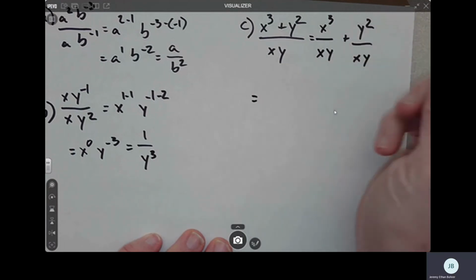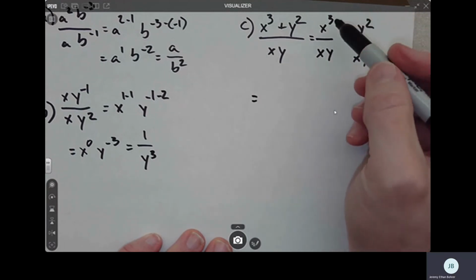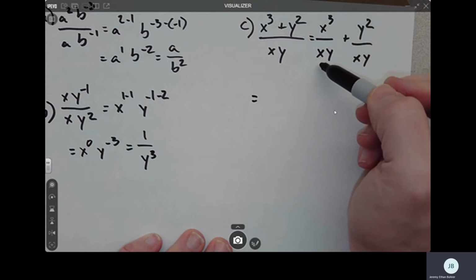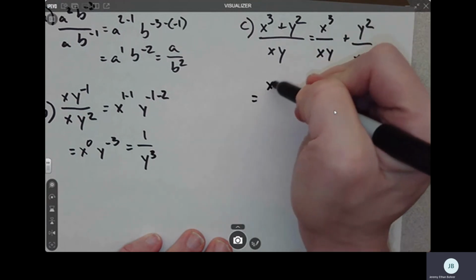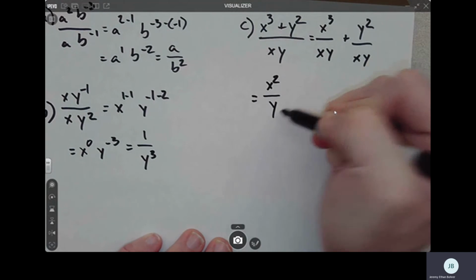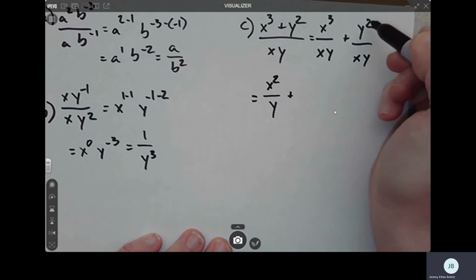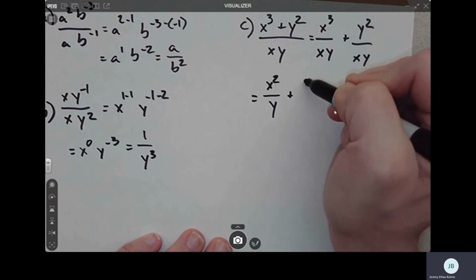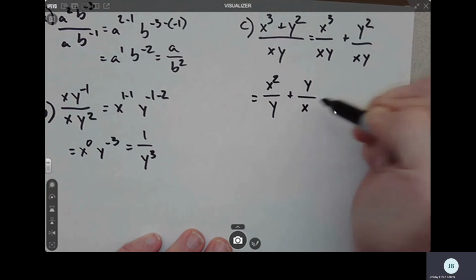Well, then we can simplify each of those pretty easily. We've got an x cubed in the numerator and an x in the denominator, so that leaves us with an x squared in the numerator and our y in the denominator, plus y squared over xy, that's y squared over y is just y, divided by x. And there we go.